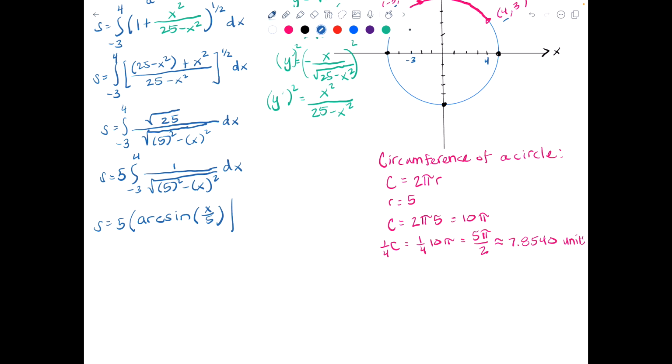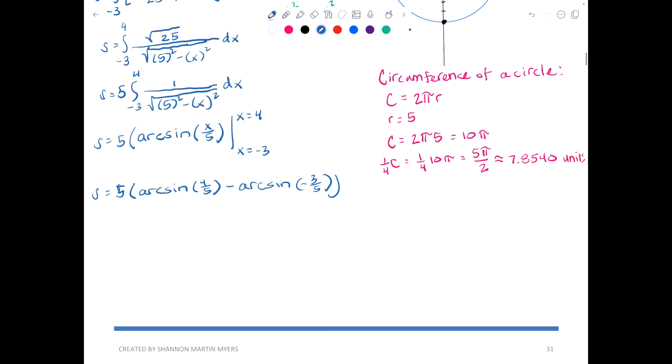And that's evaluated from x equals negative 3 to x equals 4. So S will equal 5 times arcsine at 4/5 minus arcsine at -3/5.